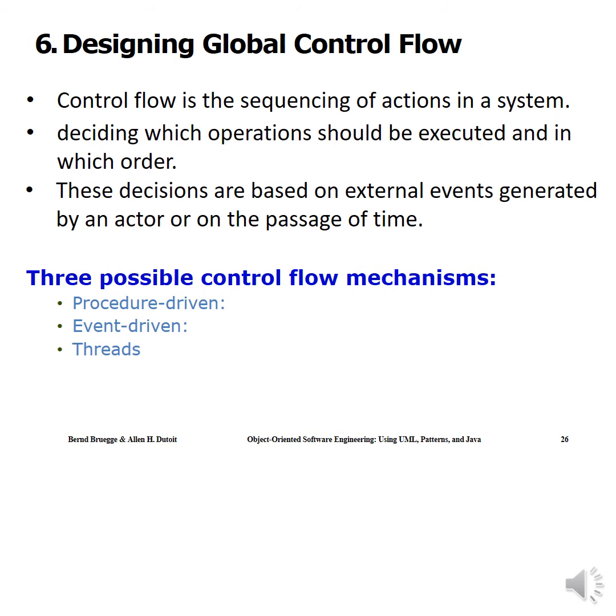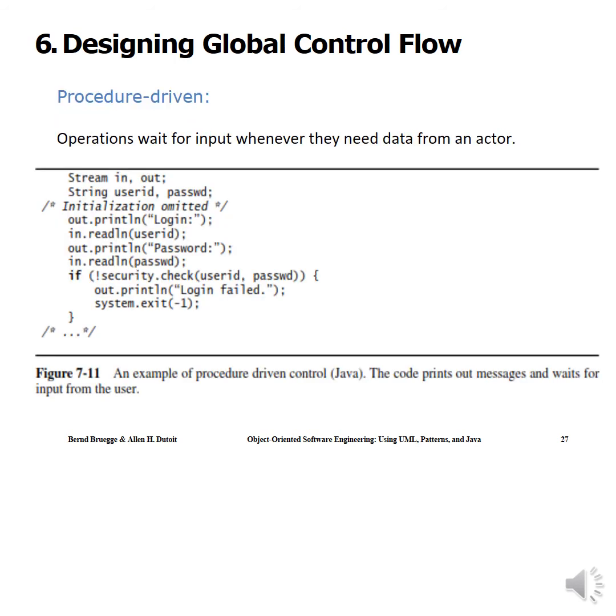So basically there are three possible control flow mechanisms. One is procedure driven control, second is event driven, and third is threads. In the procedure driven approach, operations wait for input whenever they need data from an actor. So in this approach, the operation requires input from the actor.